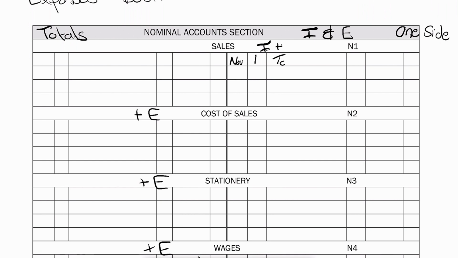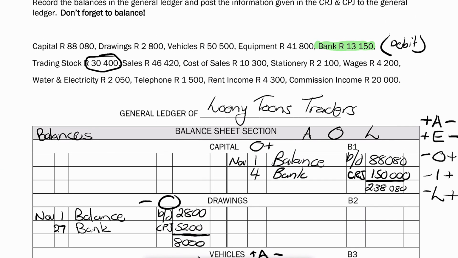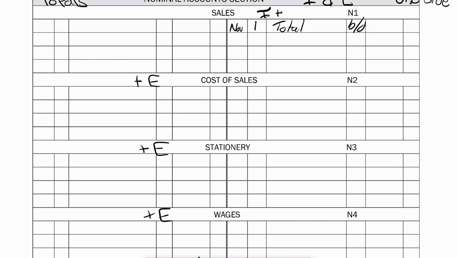We have our total brought down, and the total they give us for sales is 46,420. So we go down and we put in our 46,420 Rand.